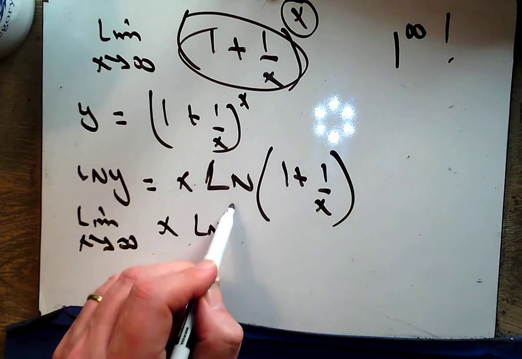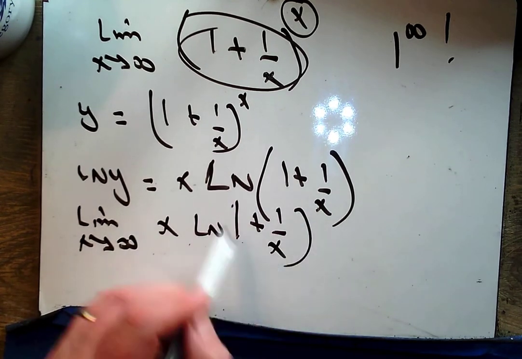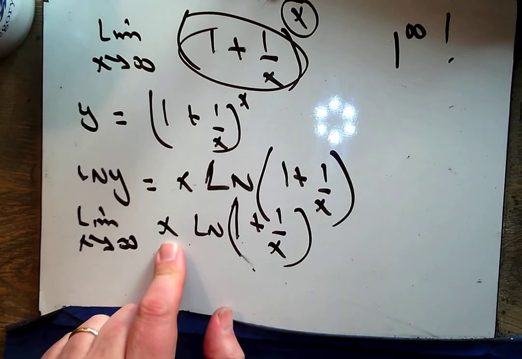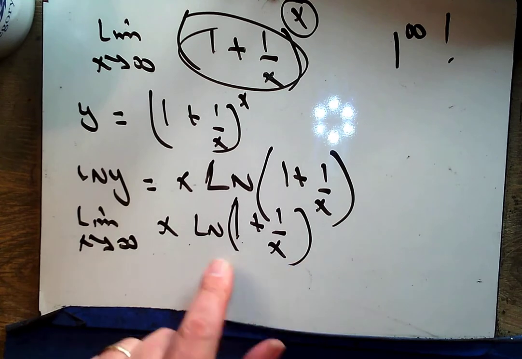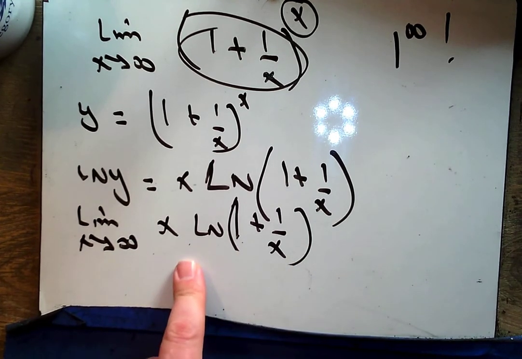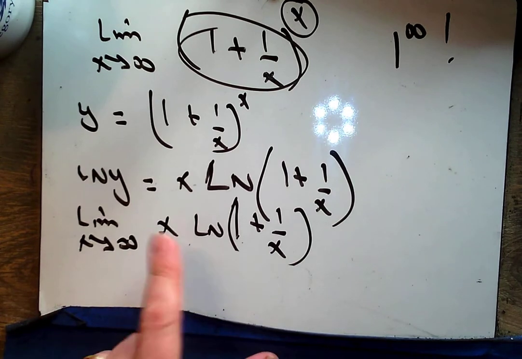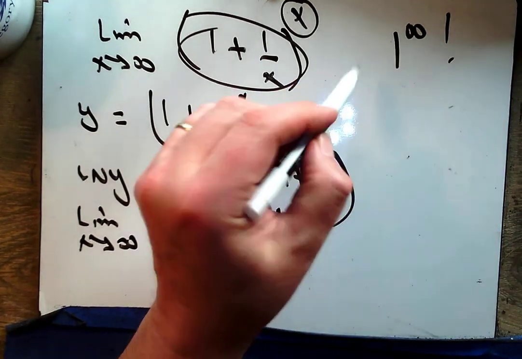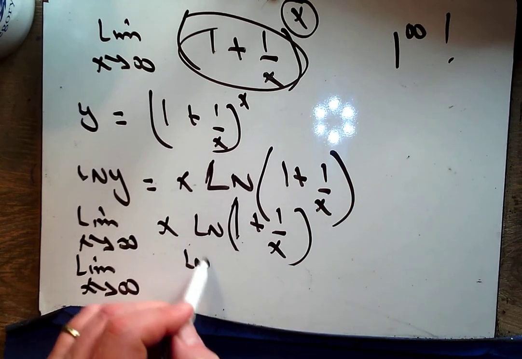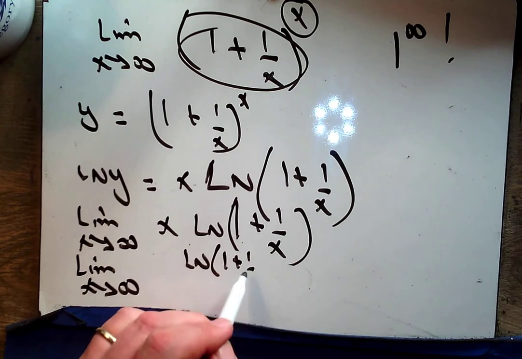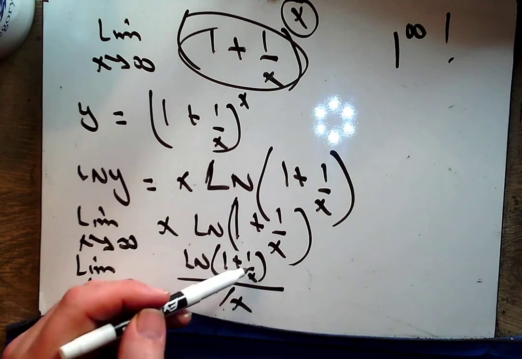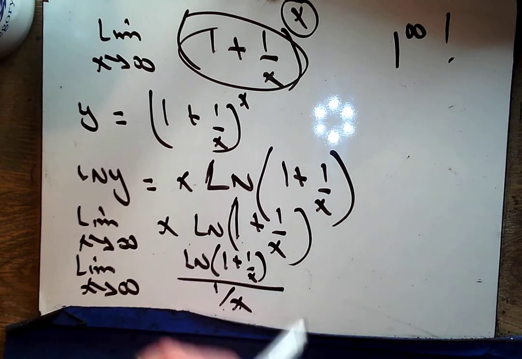That's going to be the ln of 1, which is 0, times infinity. Oh, well, I remember 0 times infinity. This is the case where I have to flip one of these upside down into the denominator. I'm going to flip that one. So now I'm looking at the limit, as x heads to infinity, of ln(1 plus 1 over x) over 1 over x. Great. I plug my infinities in, and I get 0 over 0.